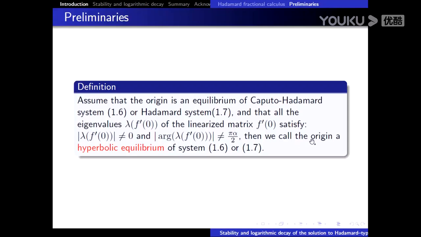Then we call the origin a hyperbolic equilibrium of system 1.6 or 1.7.